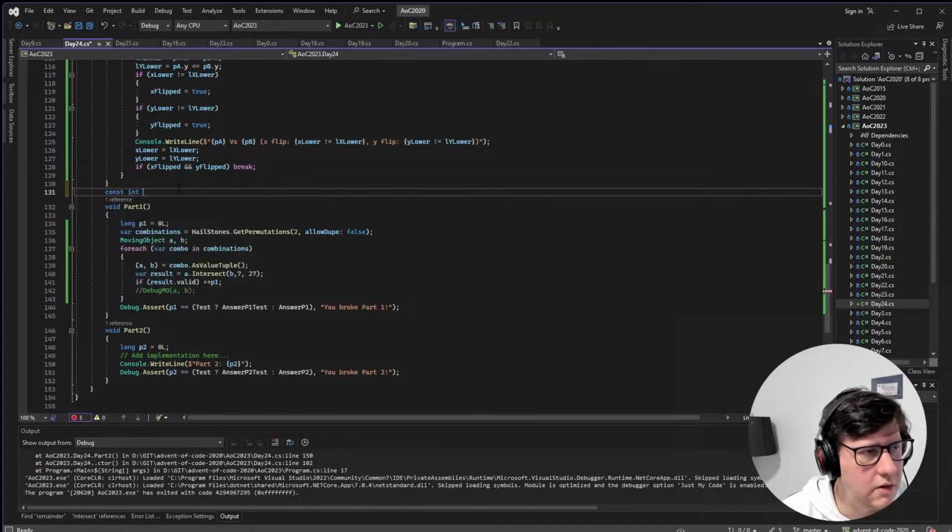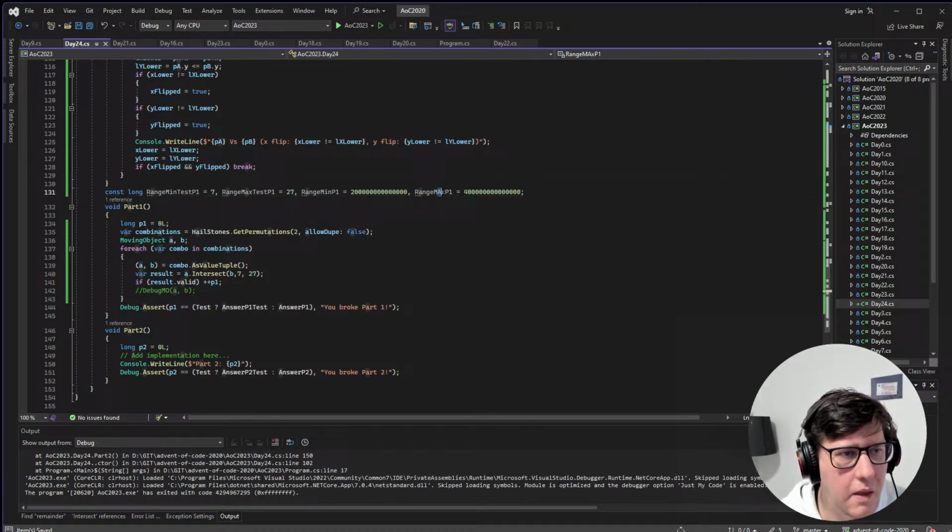Const long range min test P1 is 7. Range max test P1 is 27. Range min P1 is this. Range max P1 is this.